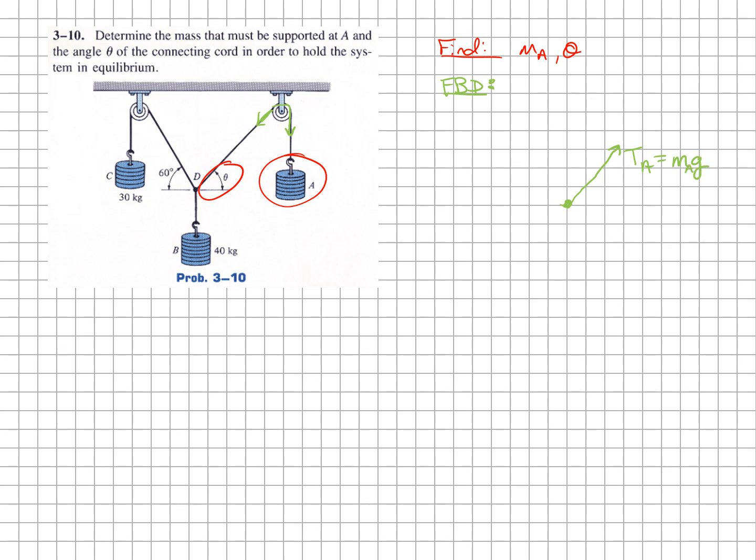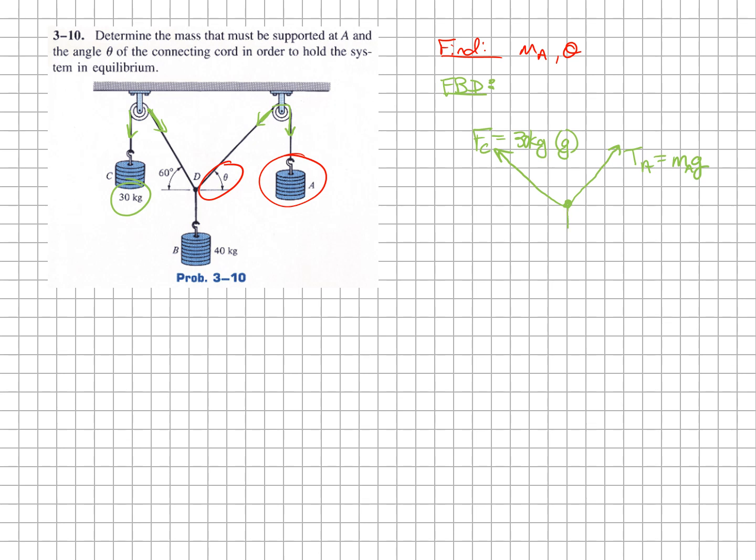Then we have our force coming off in this direction, which we will call FC, or TC. We'll call it FC, which is the same here as it is here. So that is our 30 kilograms times gravity. That's the force.